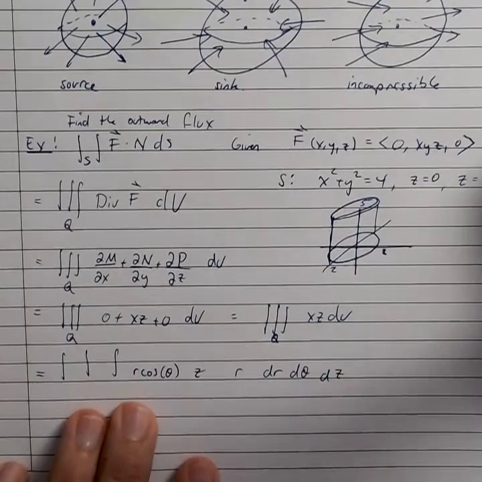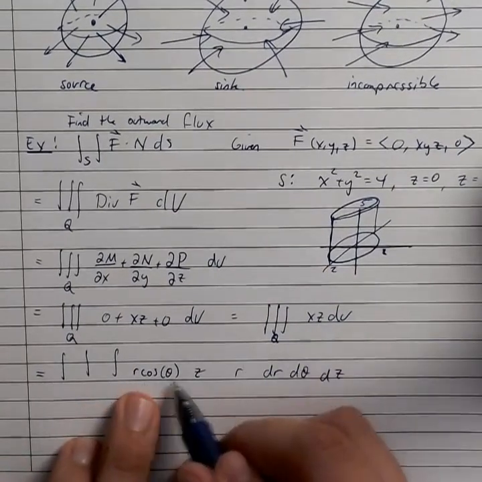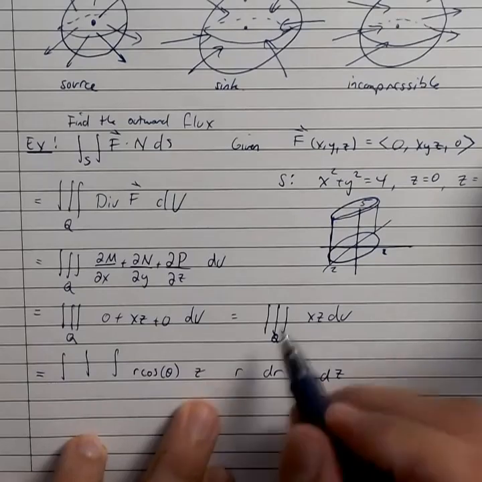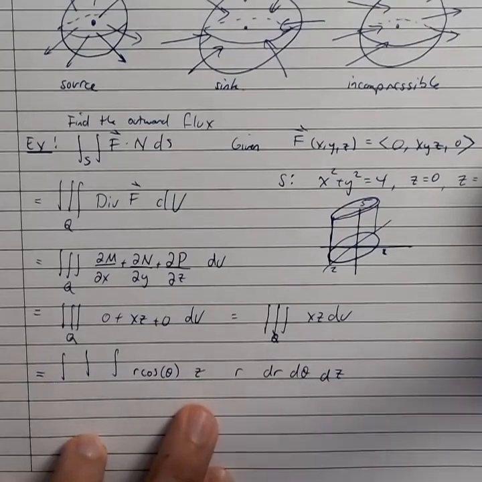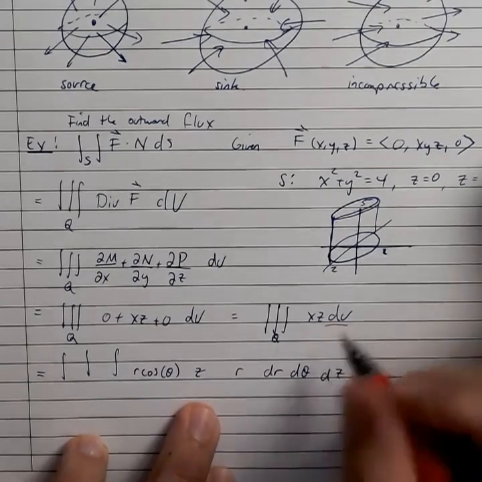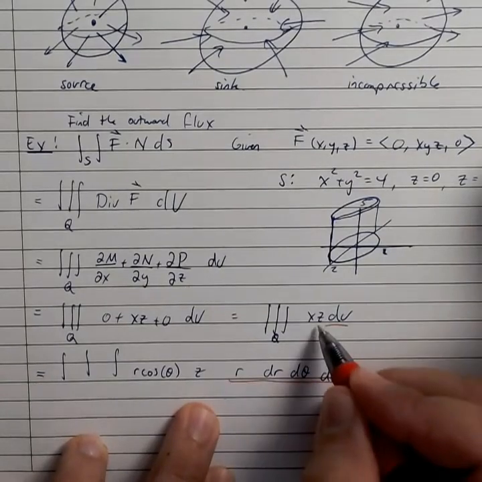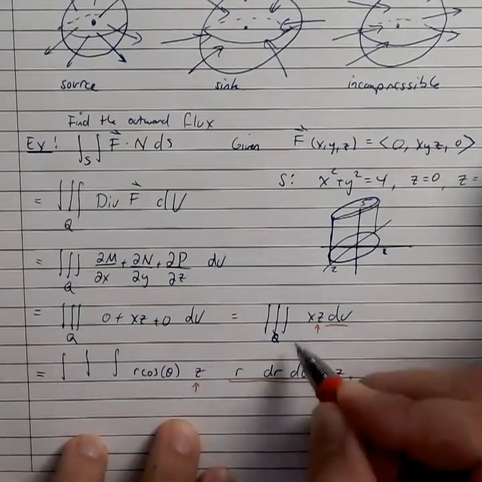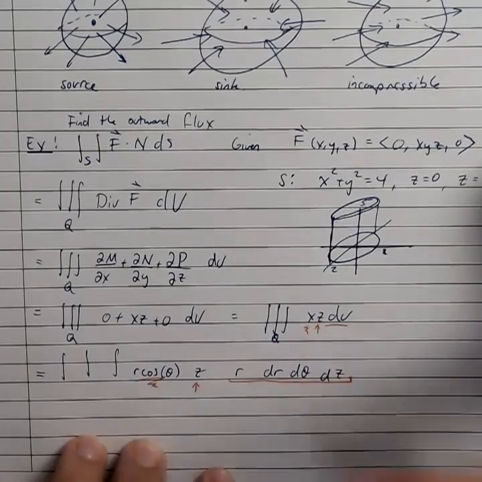So here, that's your x, that's your z, and all of this stuff right here is your dV.